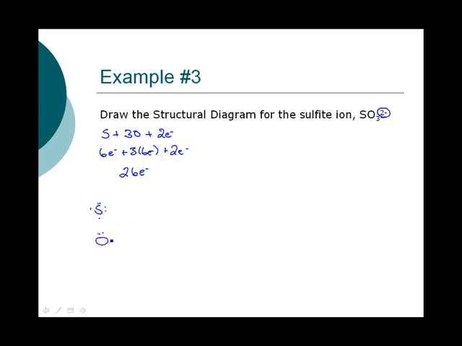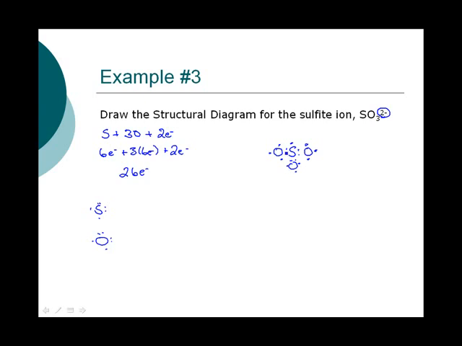Again, sulfur and oxygen have the same number of electrons, but for symmetry's sake, I'm going to start with that sulfur in the middle, and we're going to bond 1 oxygen to each side of it. There we go. That's 8 electrons. We need a total of 26, so 9, 10, 11, 12, 13, 14, 15, 16, 17, 18.